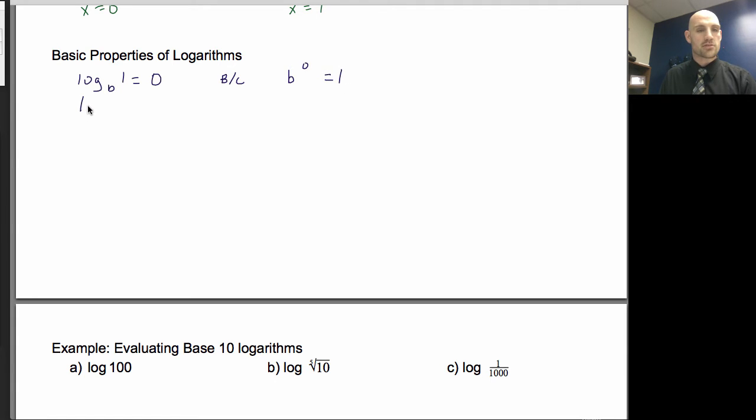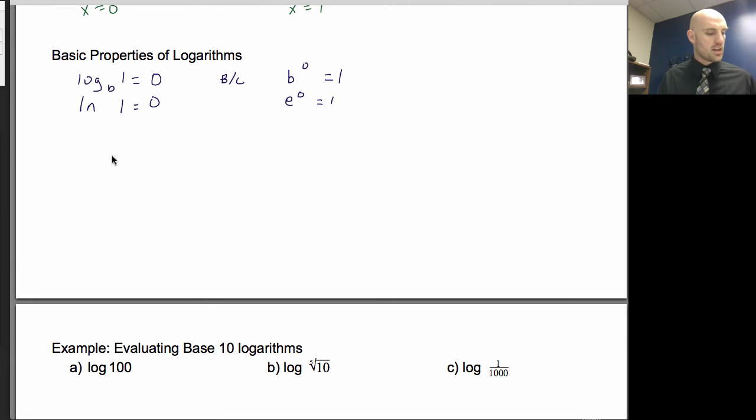Well, the same thing is true for natural log. That's log base e. The natural log of 1 is equal to 0, because e to the 0 equals 1, because natural log is base e.